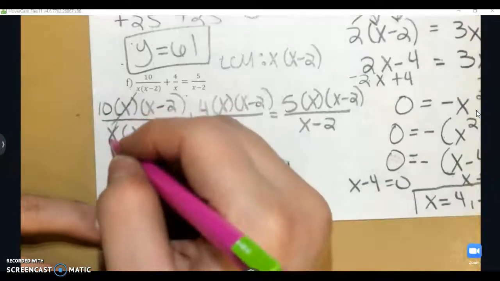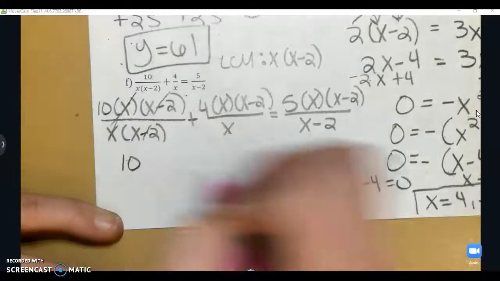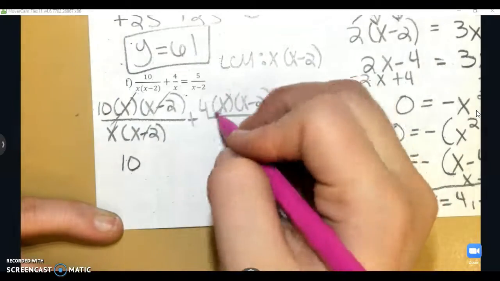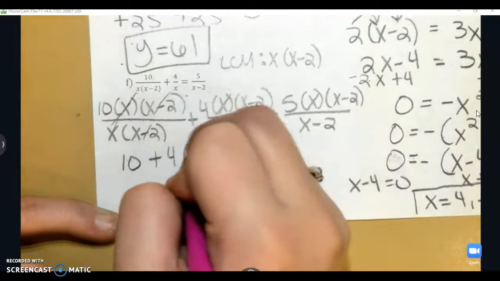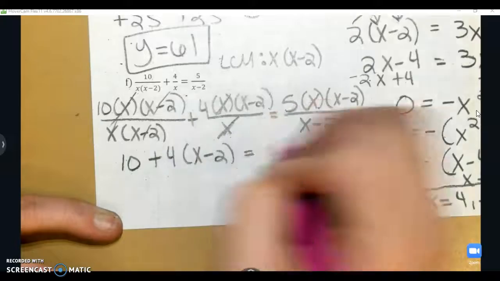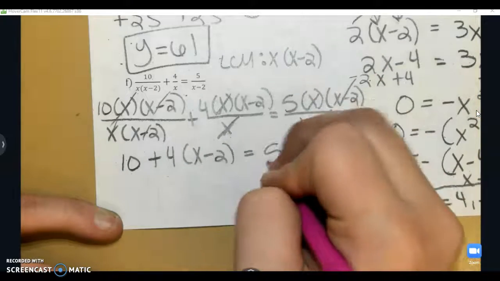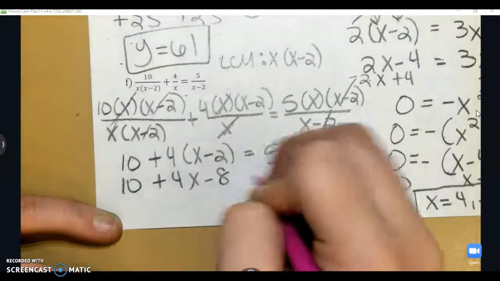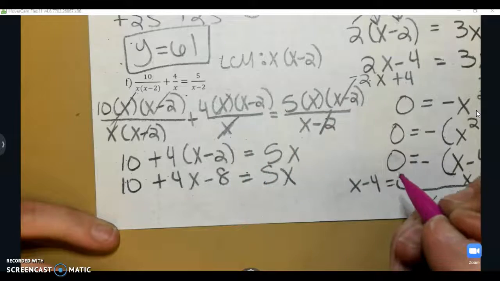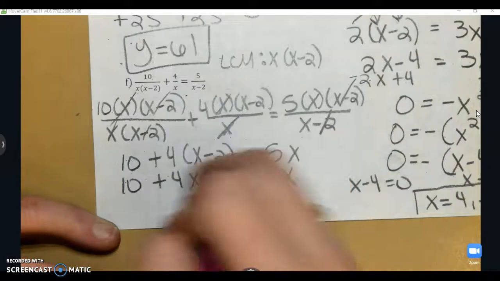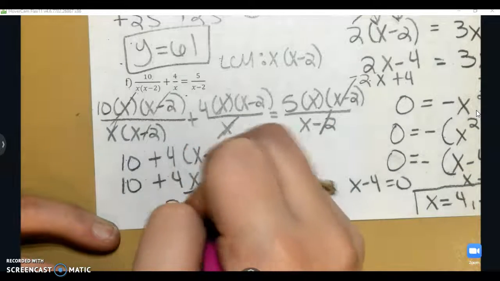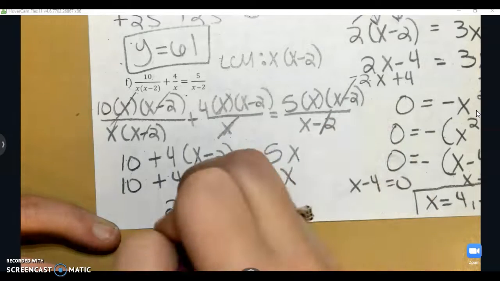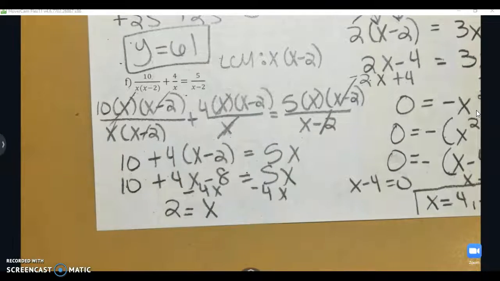So I can cancel everything here on that first fraction, and I'm left with 10. On the second one, I can cancel my x's. And on the right side, I can cancel the x minus 2's. So let's distribute that 4. Let's simplify. 10 minus 8 is 2. Move that 4x over. And we get that x is equal to 2.